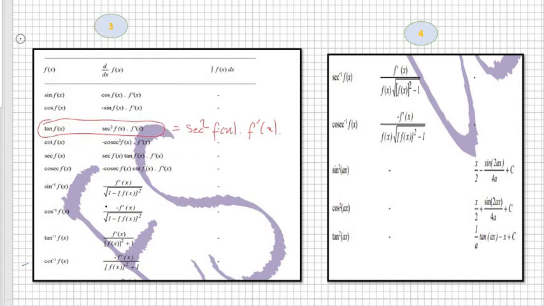So from the formula sheet I can say that I have the derivative of sec of the function. So it gives me that. So all I need to do is I just need to apply this formula here.